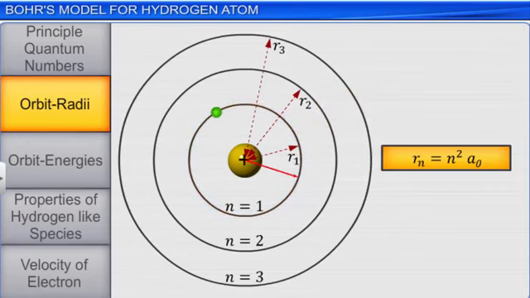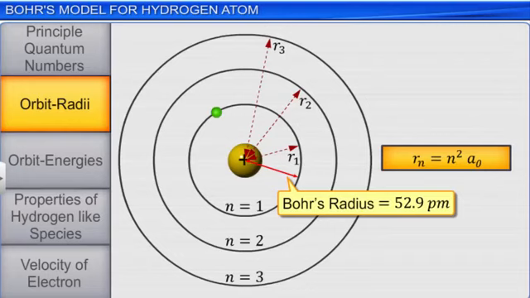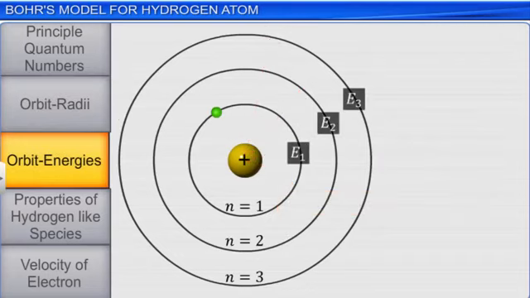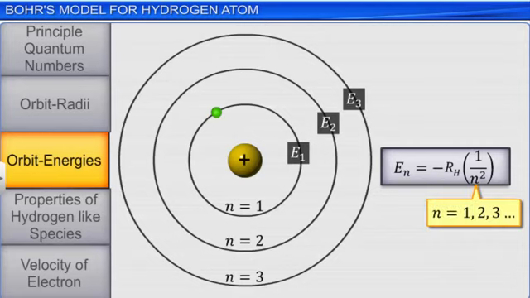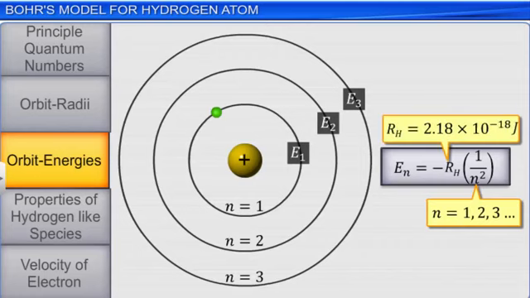The energy of a stationary state or orbit is given by the equation energy of the nth orbit En is equal to minus RH multiplied by 1 divided by n squared, where n is the principal quantum number of the orbit and RH is Rydberg's constant, whose value is 2.18 multiplied by 10 raised to the power minus 18 joules.